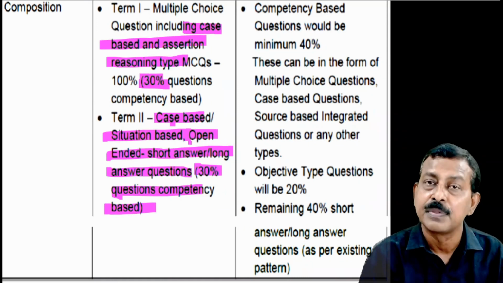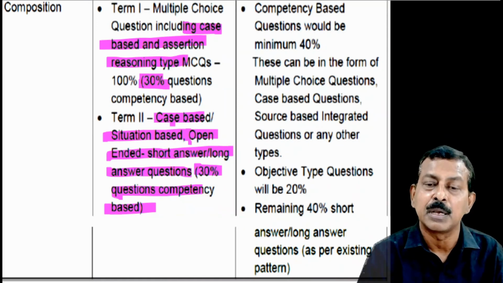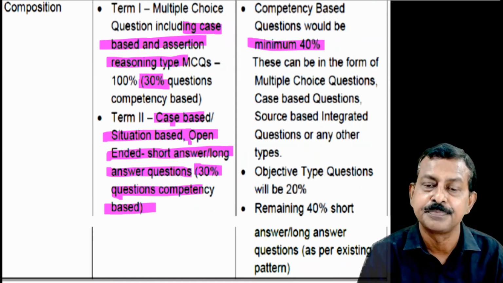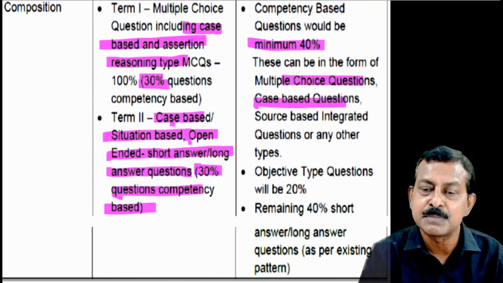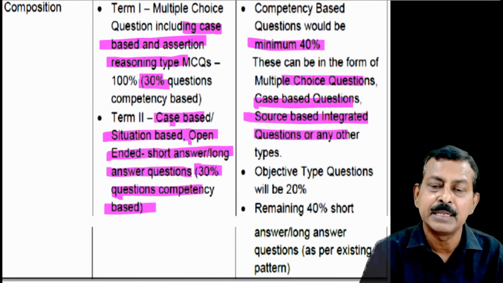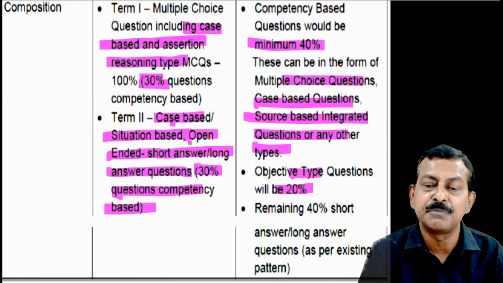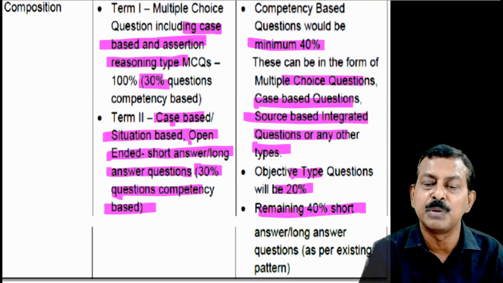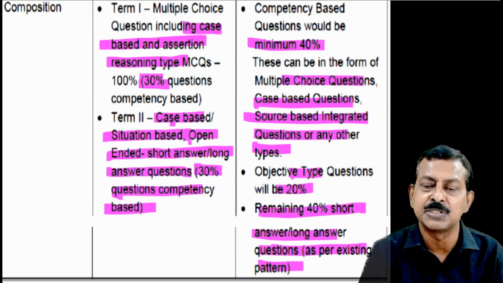But now, for the batch 2022-23, competency-based questions will have a minimum of 40% weightage. And these will be in the form of multiple choice questions, case-based questions, source-based integrated questions, or any other type. Whereas objective type questions will be 20%. The remaining 40% questions will be short answer or long answer type questions as per the existing pattern.